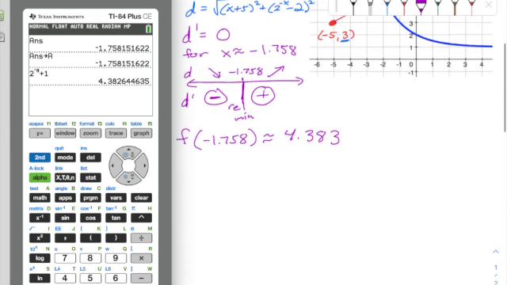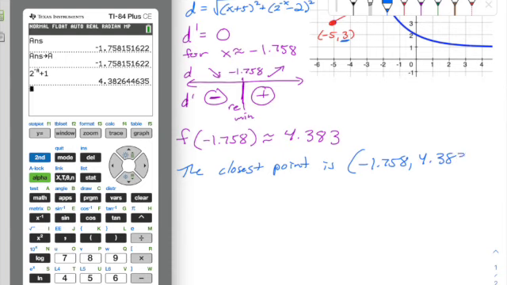So, answer with a sentence here. The closest point is negative 1.758, comma 4.383. And there we go.